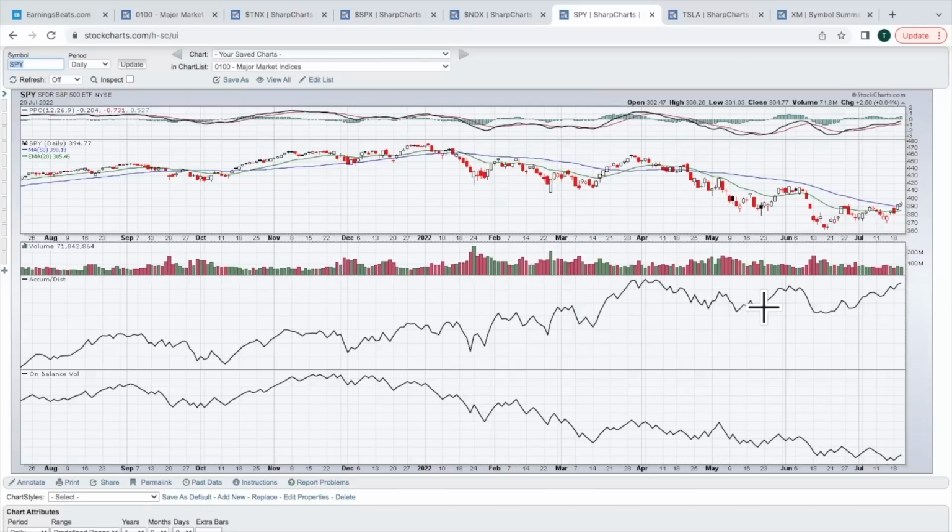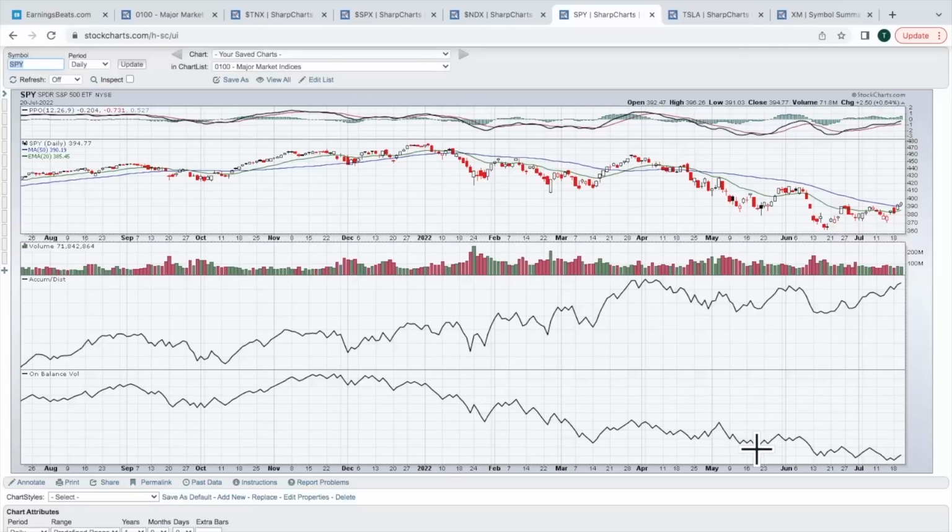I view that as a lot of accumulation taking place. I actually think that's a very bullish day. Gapping down and then coming back and rallying all day. The AD line loves that kind of behavior and it will go up. The OBV will go down.